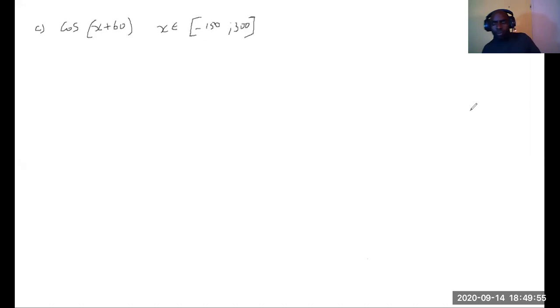Now our question C, this is a question that has a horizontal shift. We have cos x plus 60, meaning we have shifted this 60 degrees to the left. Our period is still 360. If we divide it by 4, we are going to have 90.